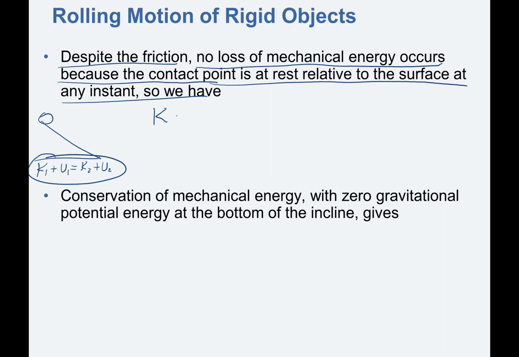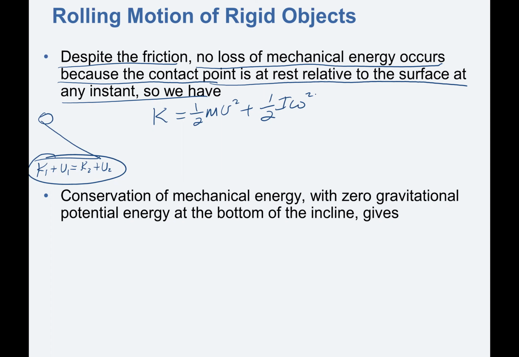That means your kinetic energy is equal to 1/2 the mass of the object times its speed squared. This is the linear contribution. Then plus 1/2 I omega squared, and this is its rotational contribution. Because if the object is rolling, you need to have both.